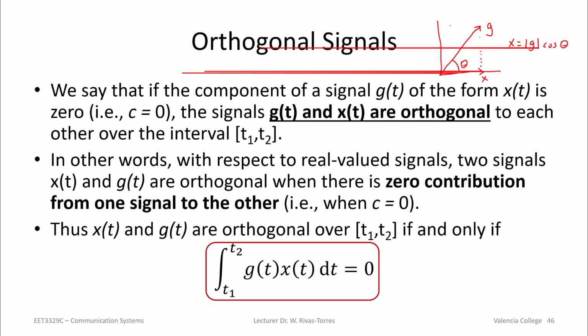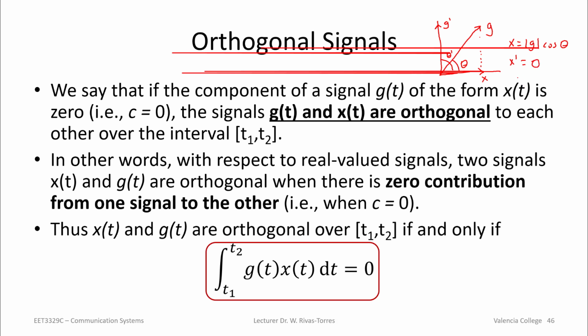Now, if I had a G prime, let's call this G prime, and an angle theta prime. Then when I try to calculate, let's call it X prime, the vector along the X axis, it comes out to 0, because theta prime is 90 degrees, and the cosine of 90 degrees is 0, and 0 times whatever magnitude G prime has, so X prime would always be 0.